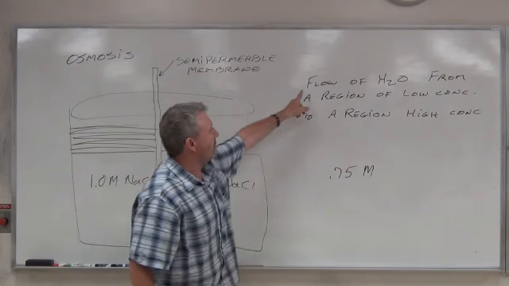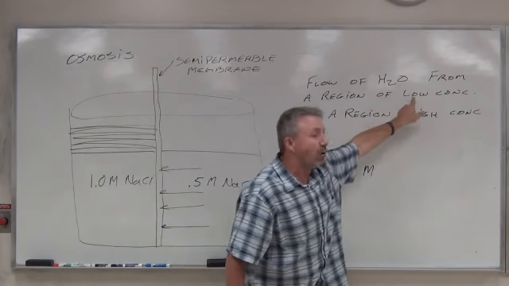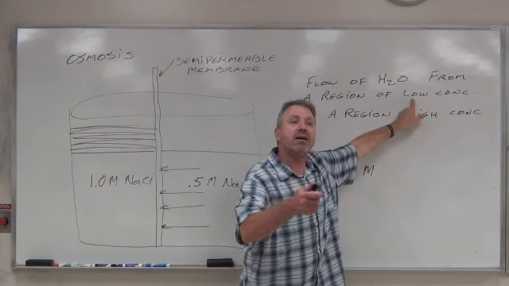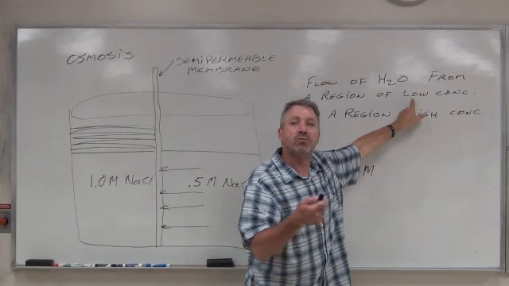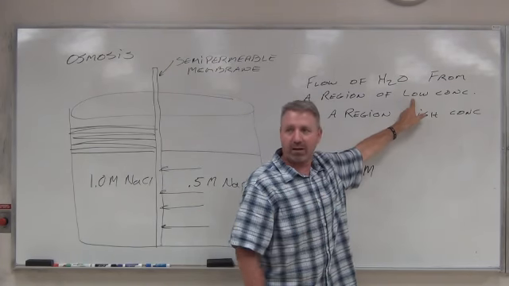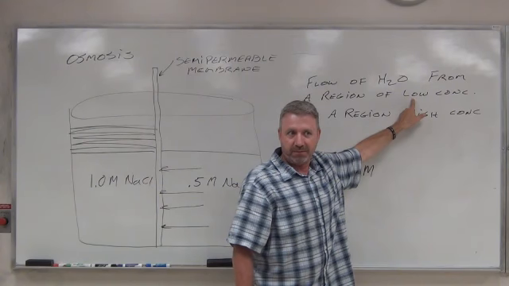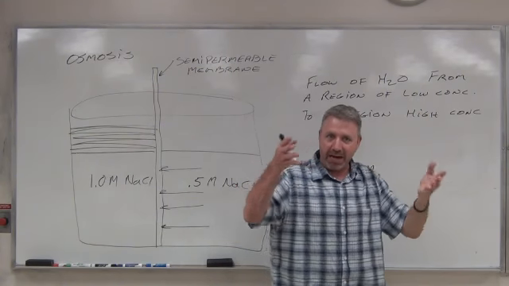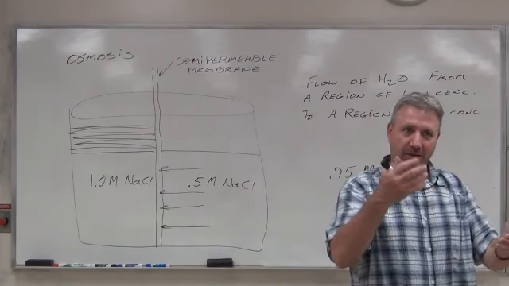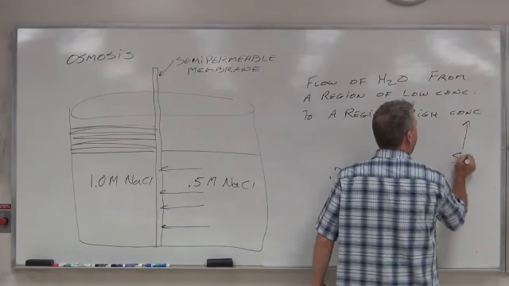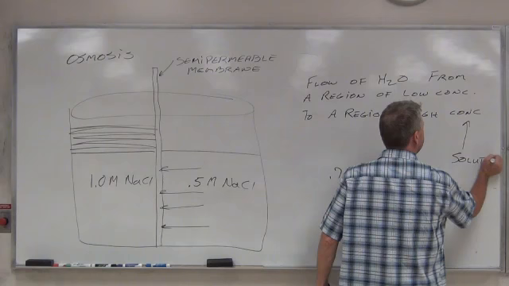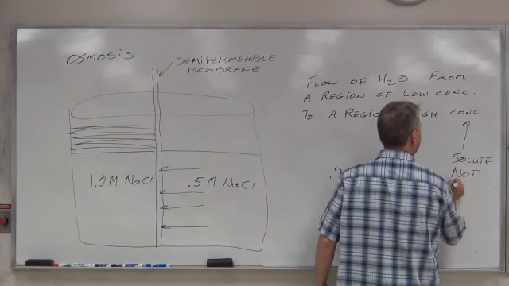So when they're talking about the flow of water from a region of low concentration, they're talking about low solute concentration, which would be the higher water concentration. It's just a little bit of backwards talking in terminology. So these concentrations here are solute, not solvent.